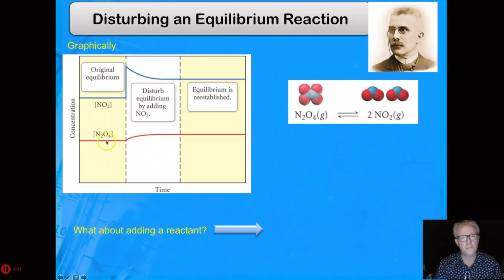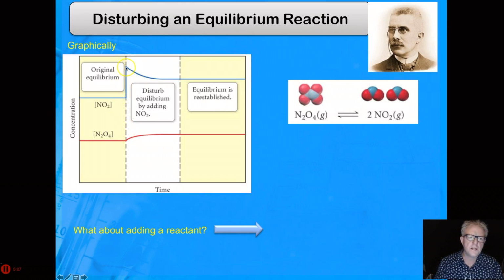We're going to see that the nitrogen dioxide goes up in a sharp peak. That's telling you its concentration in a very small amount of time has changed dramatically. So when you see that on an equilibrium graph, you know it's been added. If it was removed, then the line would go down.